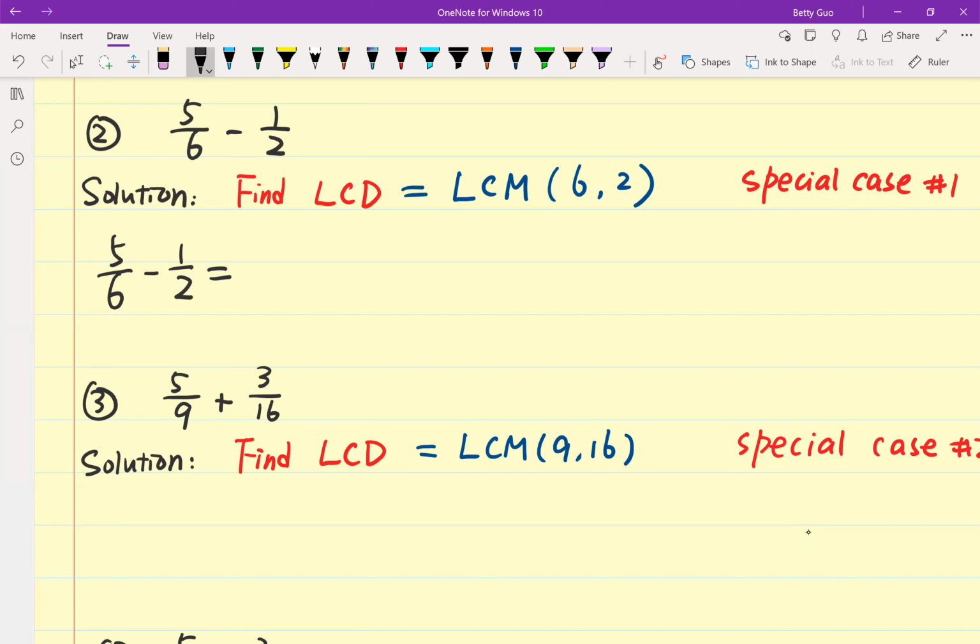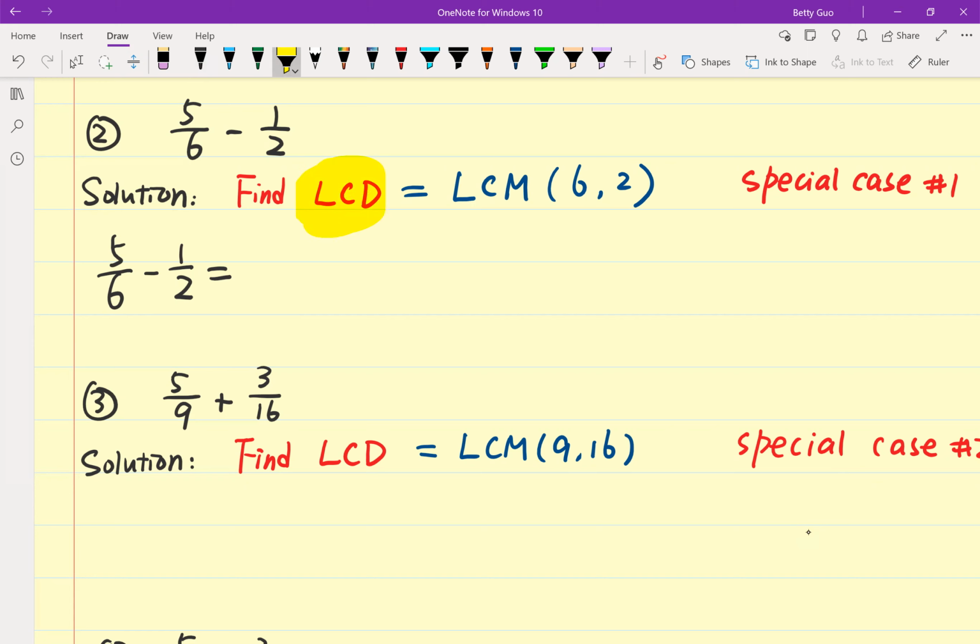So if two fractions have no common denominators, we cannot add or subtract directly. We have to first rewrite them as their equivalent fractions with the same denominator. In order to do that, we need to find the least common denominator, LCD.